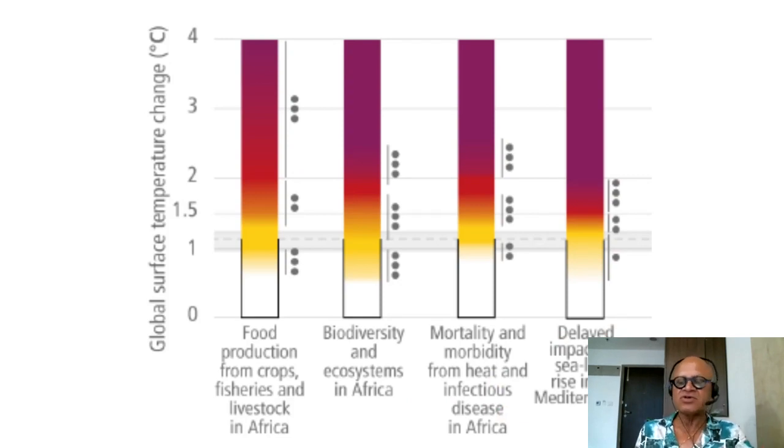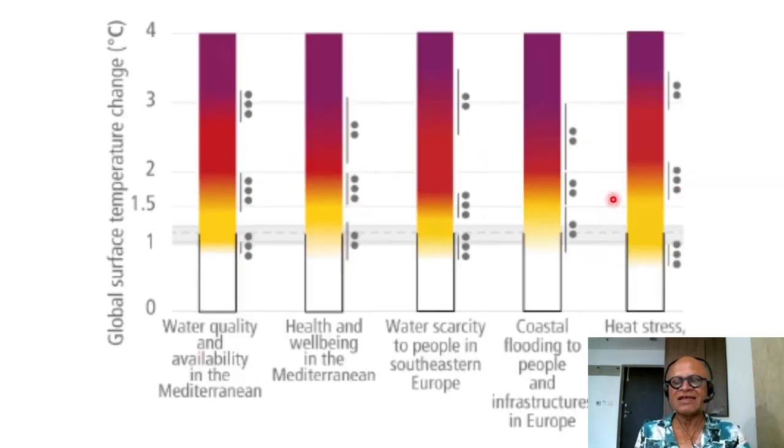Sea level rise is going to be an issue for everybody, and you can see that this risk gets high very quickly beyond 1.5 to 2 degrees centigrade, whereas these still have some room till about 2 degrees centigrade, and confidence here is fairly high.